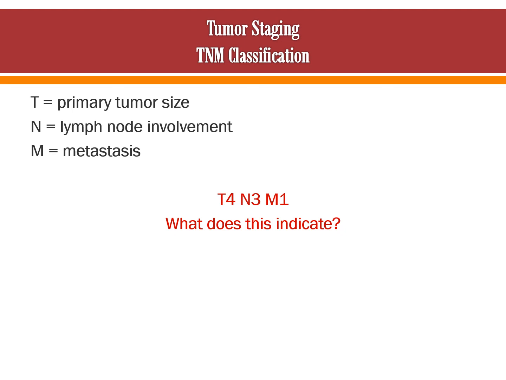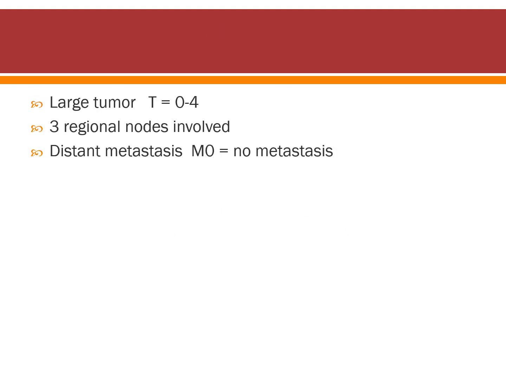So this is just one way of describing staging for a sample that they've taken. The other piece of it is by saying breast cancer is stage 1 through stage 4. For your purposes, I would expect you to know that if it's stage 1, that's not as bad as having stage 4. If somebody has stage 4 breast cancer, that means it's pretty advanced.